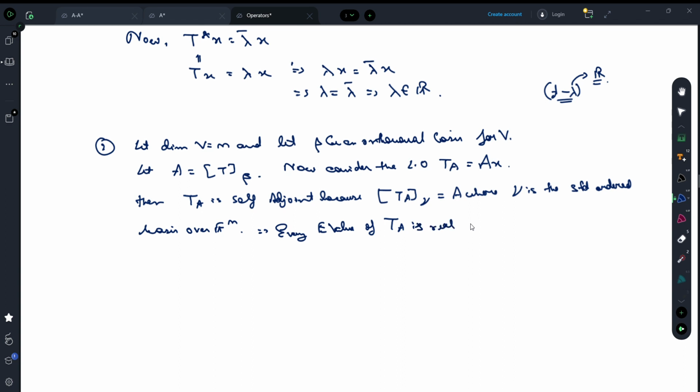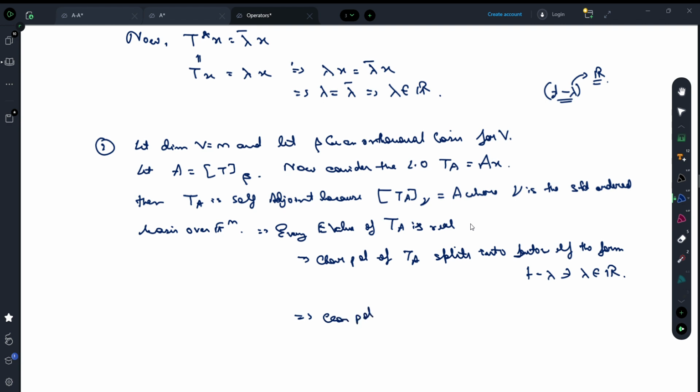But this implies that the characteristic polynomial of TA splits, and it splits into factors of the form T minus lambda, as I was saying, such that these lambdas are real, right? So that implies the characteristic polynomial of TA splits over R, because the roots we will be getting are all real.